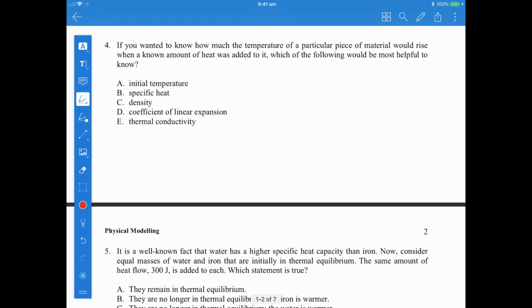If you want to know how much the temperature of a particular piece of material would rise when a known amount of heat is added to it, which one do you need? You want to use specific heat.